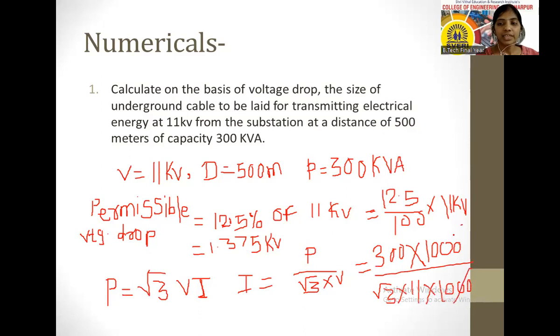So this 1000 will get cancelled with this 1000. Now tell me the answer. 15.74, correct? 15.74 ampere.